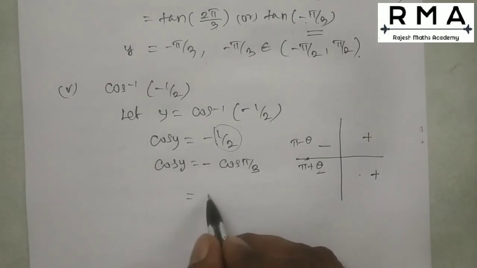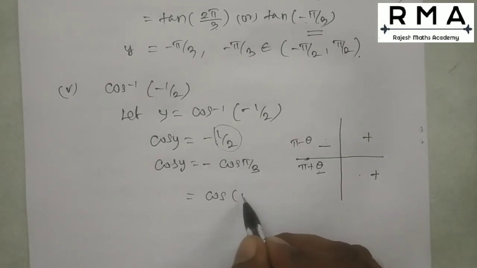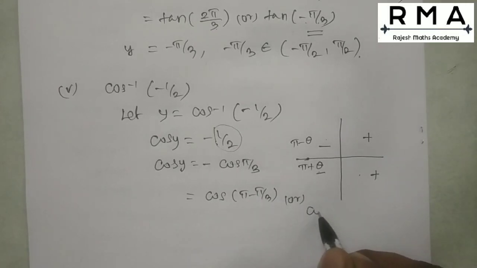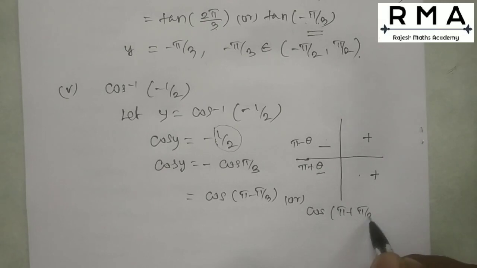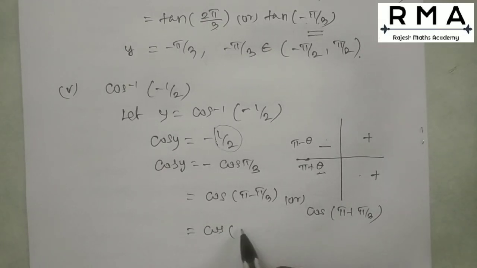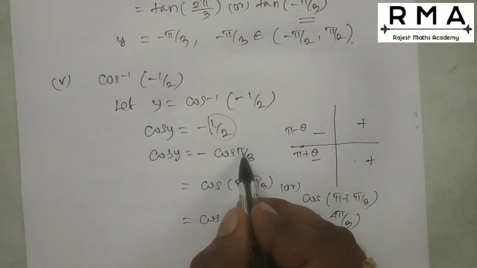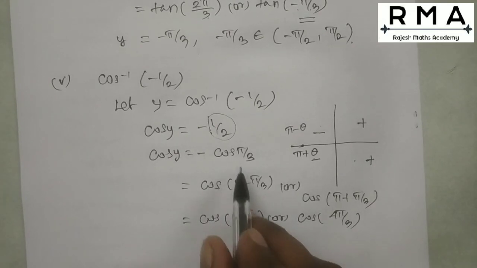So we can write both possibilities: cos of pi minus pi by 3, or cos of pi plus pi by 3. Simplifying means what will come? Pi minus pi by 3 is cos of 2 pi by 3. Pi plus pi by 3 means 4 pi by 3. That is cos of 180 plus theta equals minus cos theta, cos of 180 minus theta equals minus cos theta.